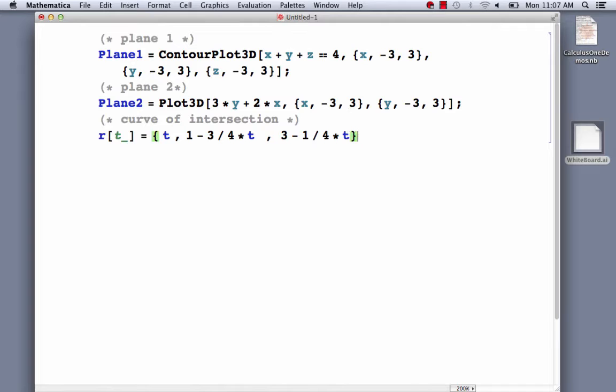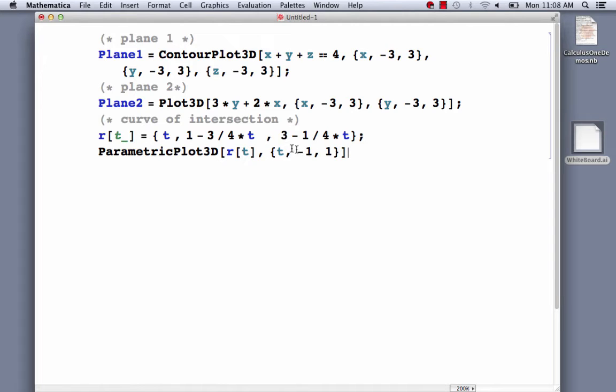So there's r of t, and we want to ParametricPlot3D that. Let's plot t from, and again this is just a guess, from -1 to 1.